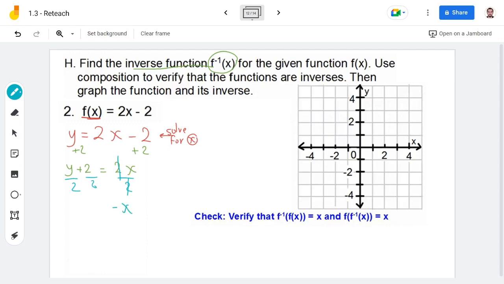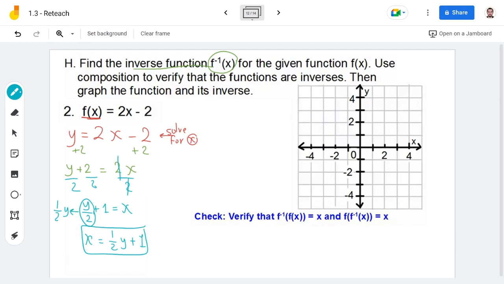Now x equals y over 2 plus 2 over 2, which is 1. If we rephrase this, it becomes x equals one half y plus 1, because y over 2 is similar to writing 1 over 2 y. Yes, so that is my inverse.